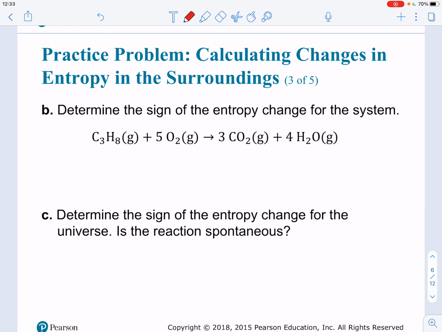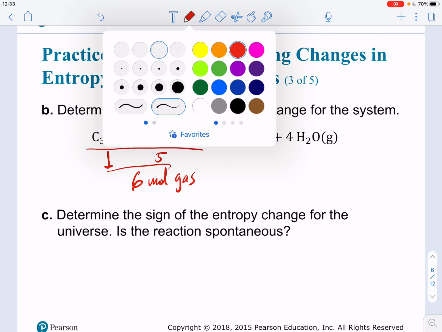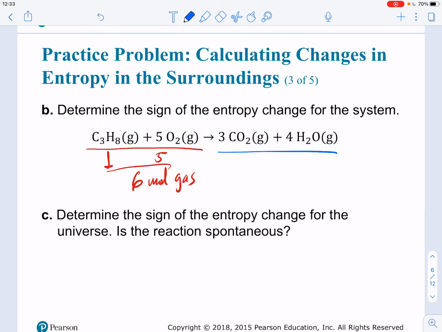So if we look at the reactant side, we have 1 mole of propane and 5 moles of oxygen. Those add to 6 moles of gas. On the product side, we have 3 moles of CO2 and 4 moles of water that add to 7 moles of gas.